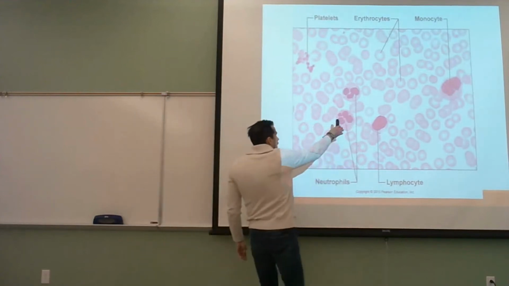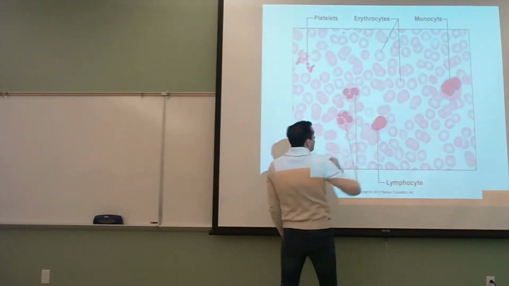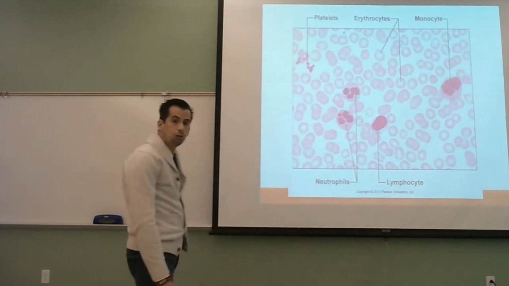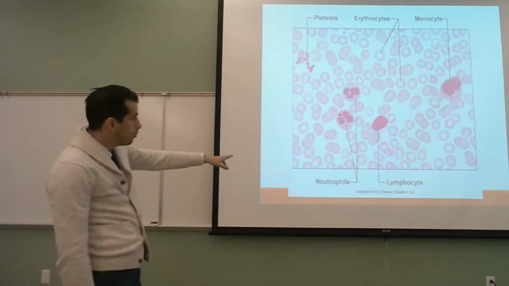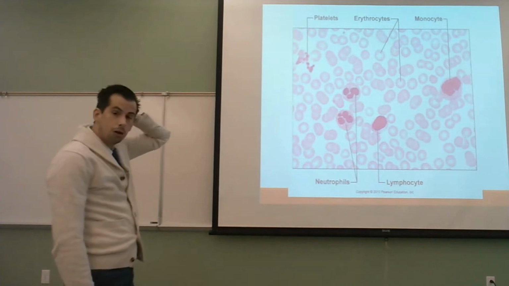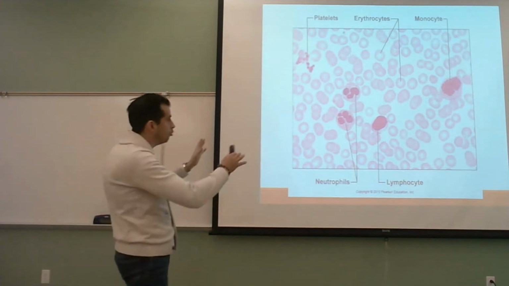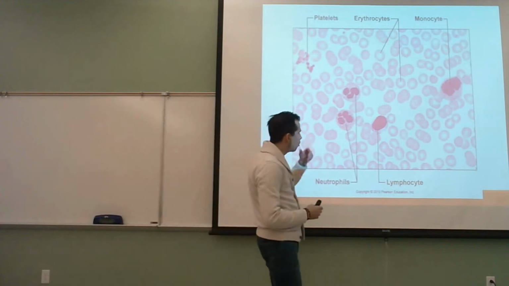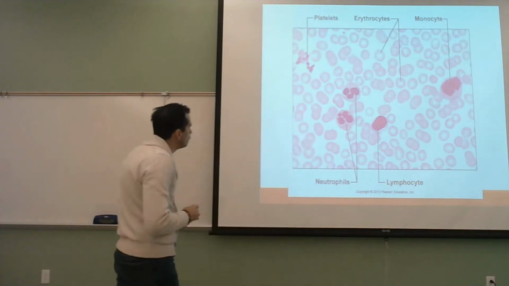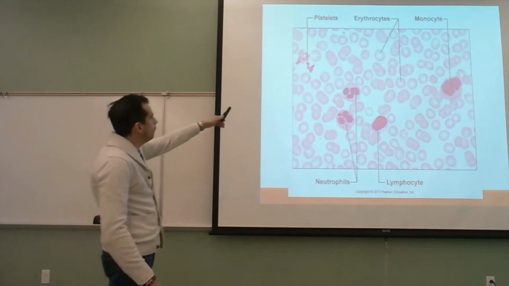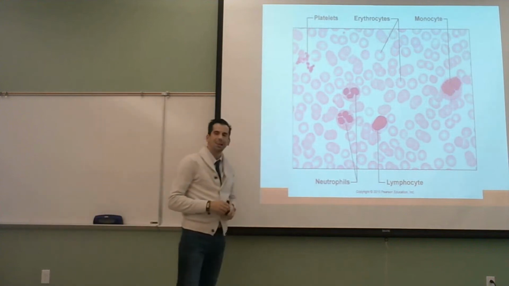You'll see the occasional white blood cell. And to be honest with you, on most of your slides that you'll see in lab, in any one view, you probably won't see 4 different white blood cells on the same slide. They'll be less numerous, but I guess they're brought together in this one for illustration purposes. And up top on the left, you'll see platelets.